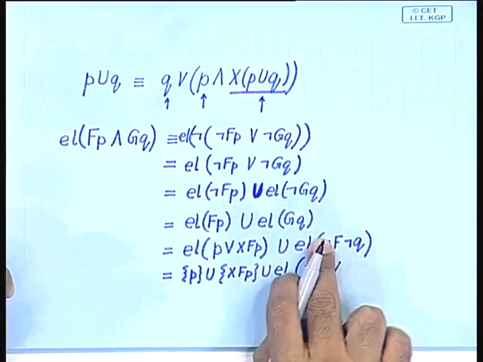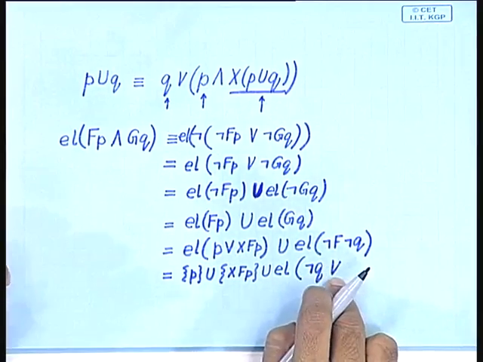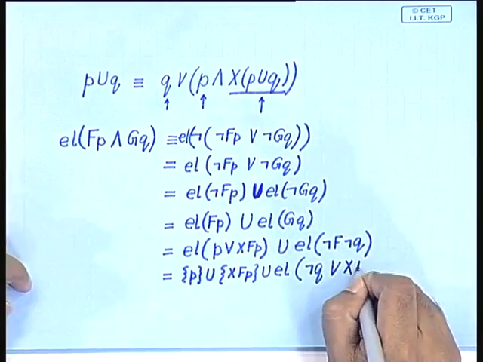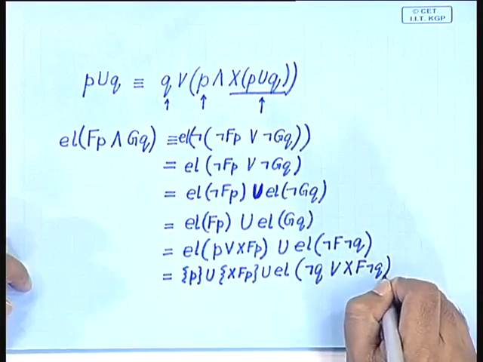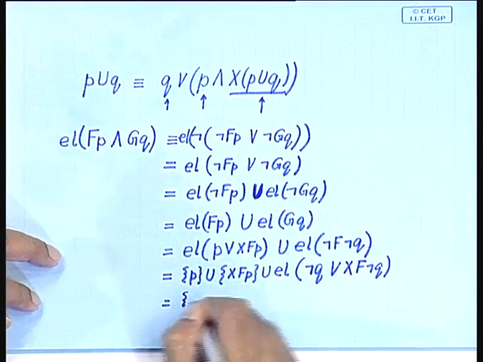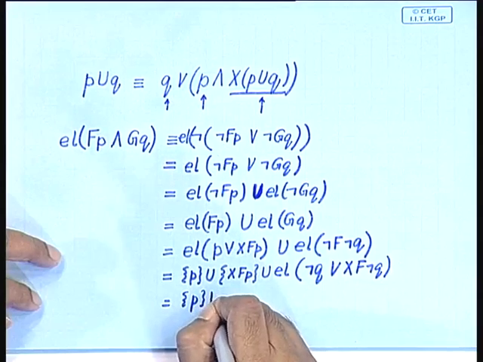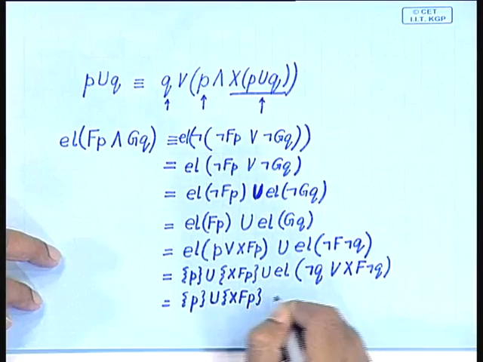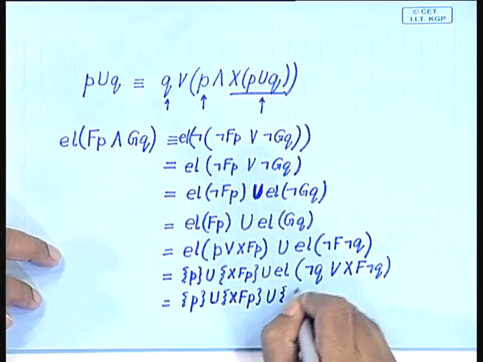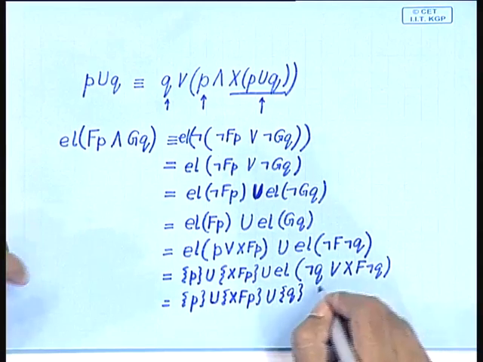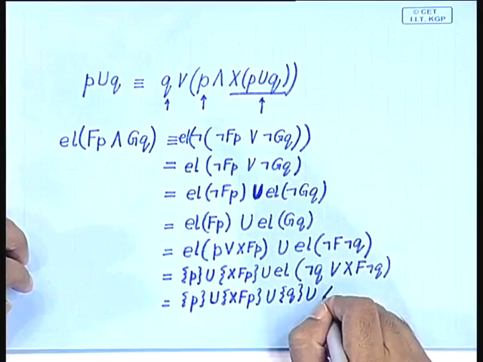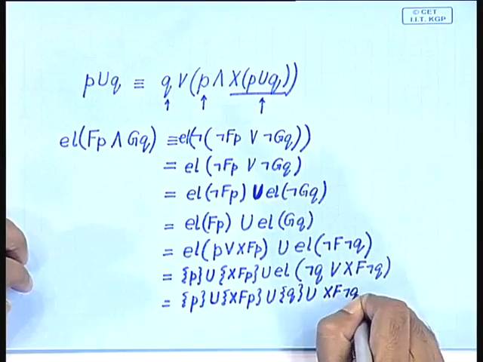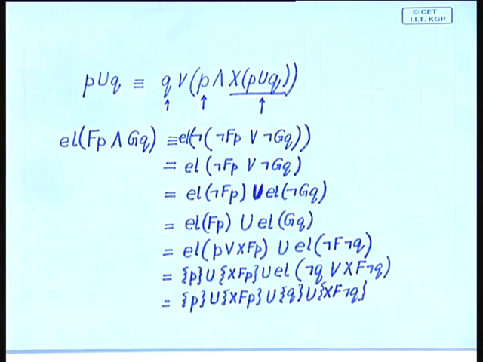So, just look at it as F not Q. So, not Q or X F not Q. So, we will have P union X F P union Q union X F not Q. Okay, so these become the elementary subformulas.